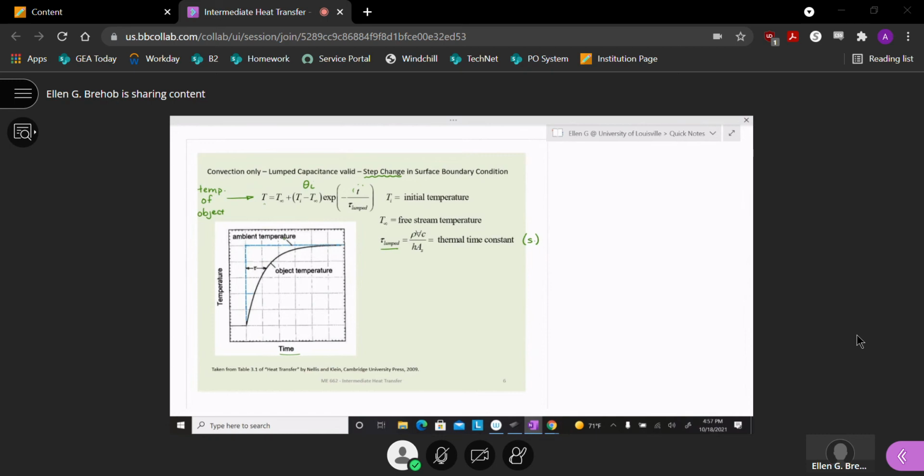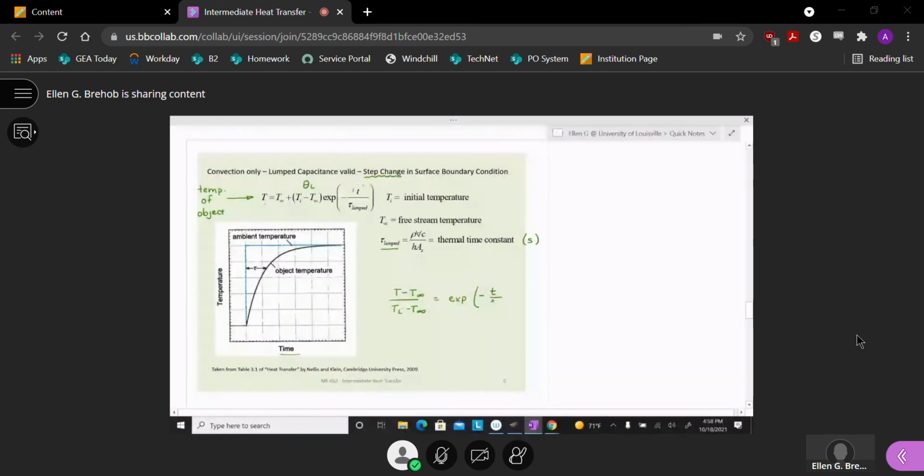And let me see if I can show. All right, and really all I've done there is rewrite that equation.